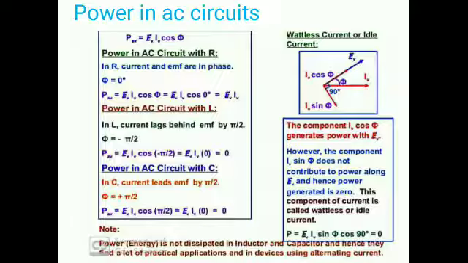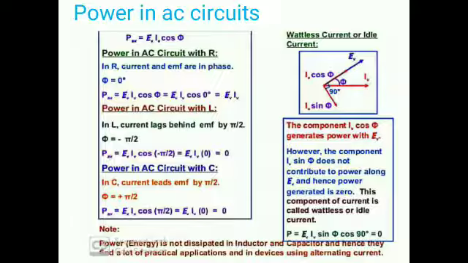Thus the power in a purely inductive circuit is 0. Even though current is flowing through it, this current is called wattless current. This is the principle of a choke.